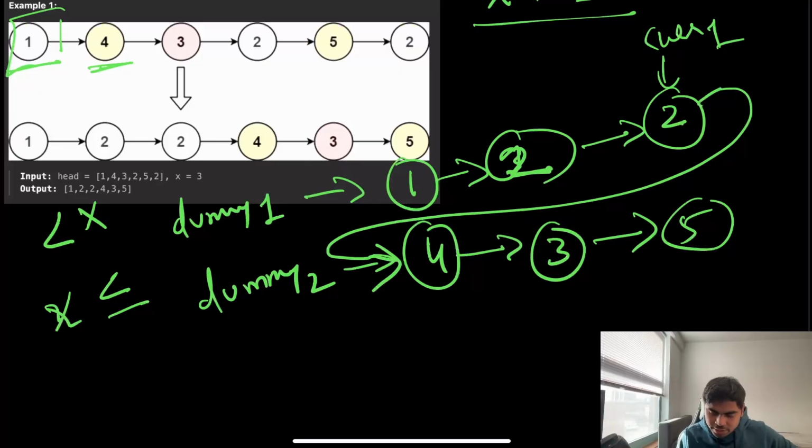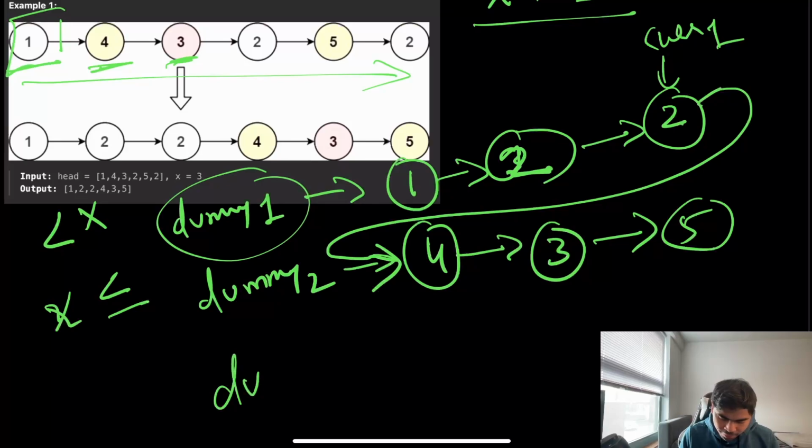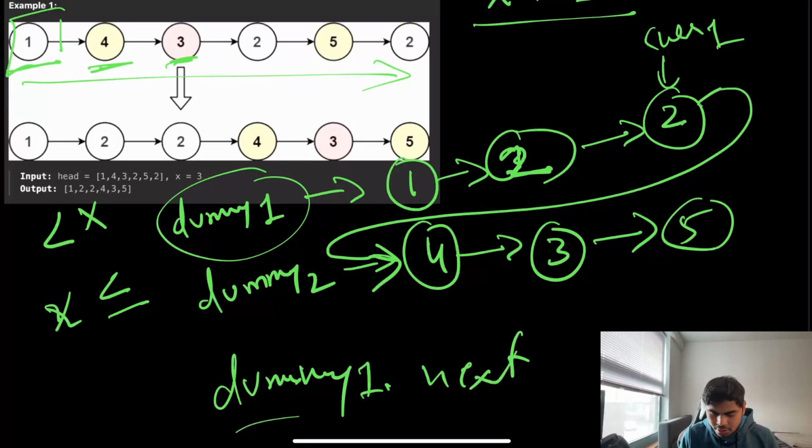So this becomes partitioned around the value x, and order will be preserved because we were iterating in the same order as the original list. And then finally we can just return dummy1.next.